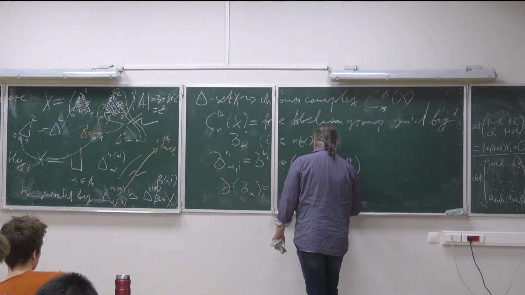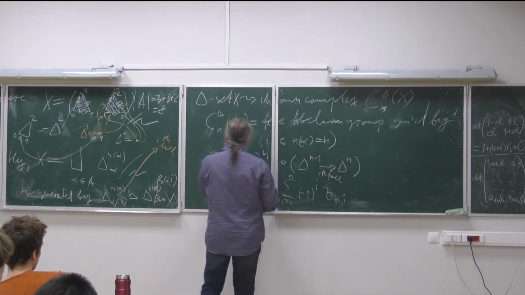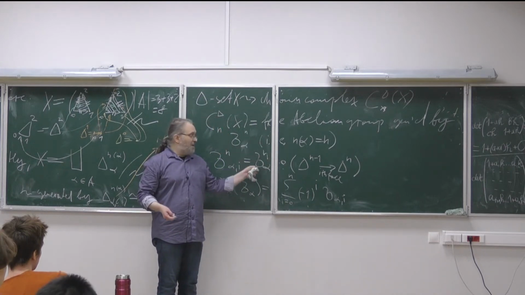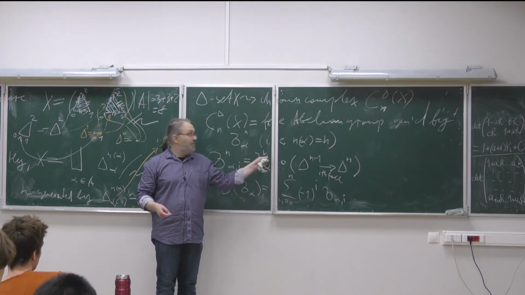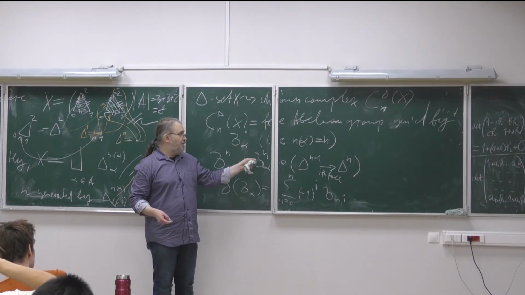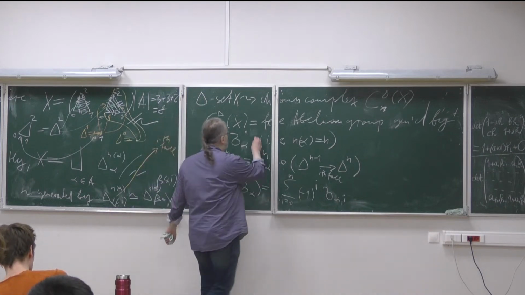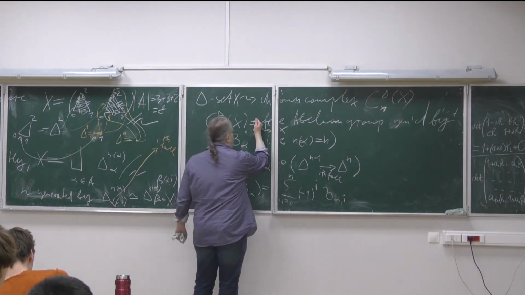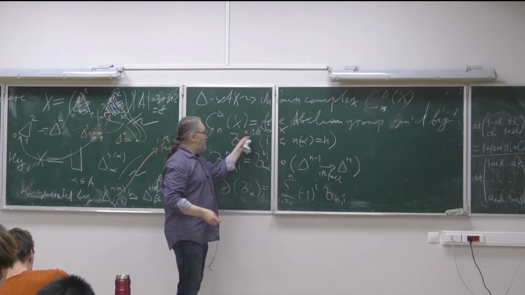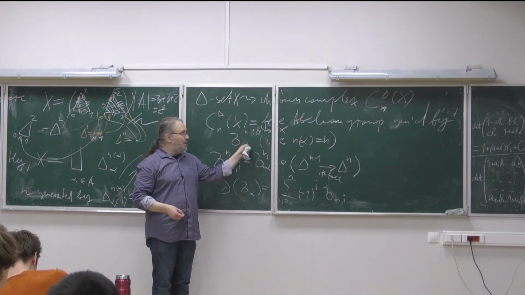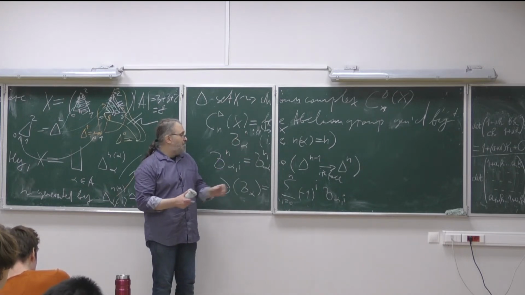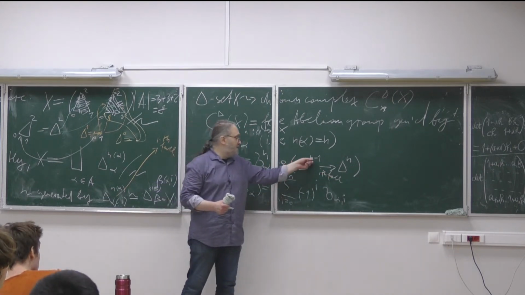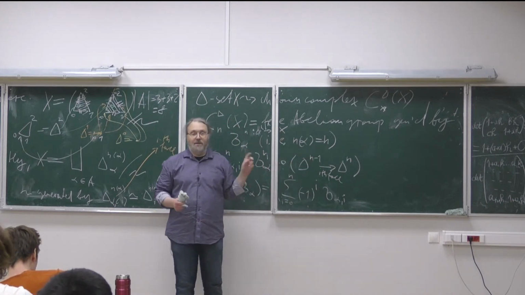Suppose we have a map sigma alpha, where n stands for the fact that this map goes from delta n to X. Then when I compose this with the ith face map, I get a map from delta n minus 1 to X. Does this make sense?